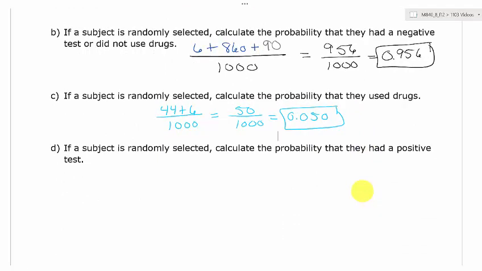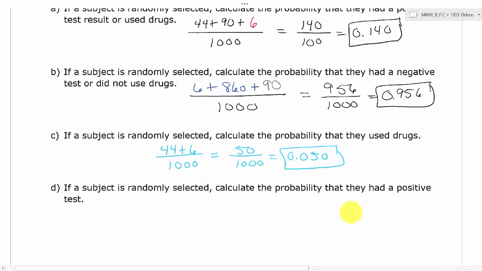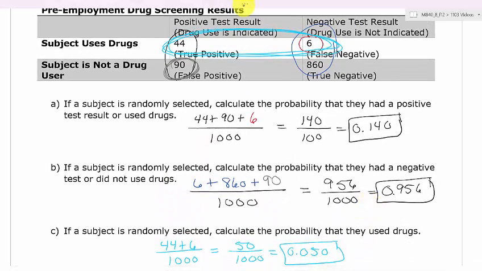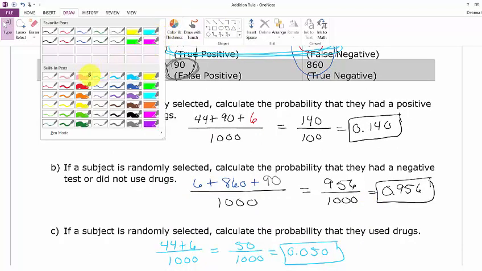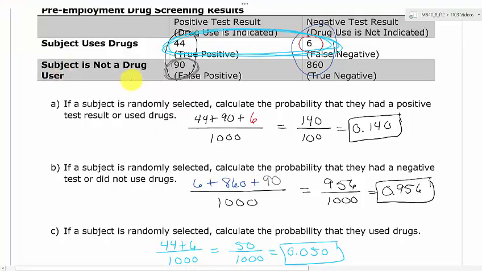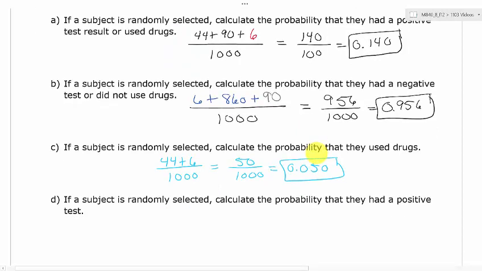And in the next example here, if a subject is randomly selected, calculate the probability that they had a positive test result. So let's go back up to our table, and we want this time people who tested positive. And so positive test results is just this first column in our table.